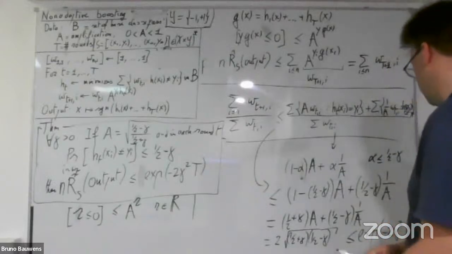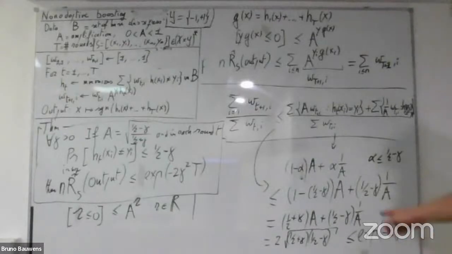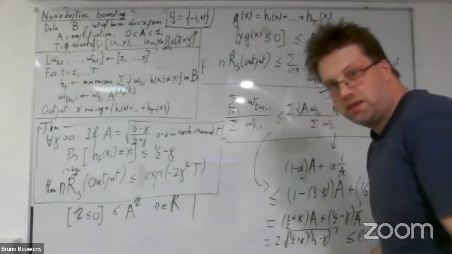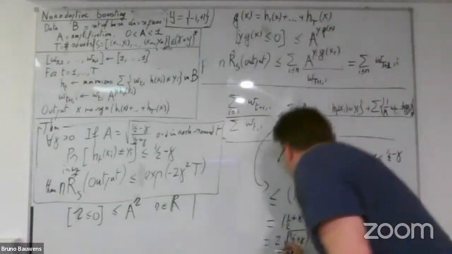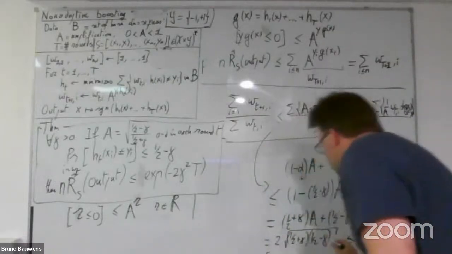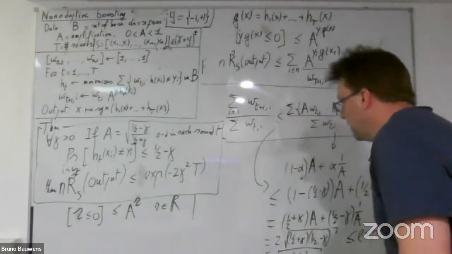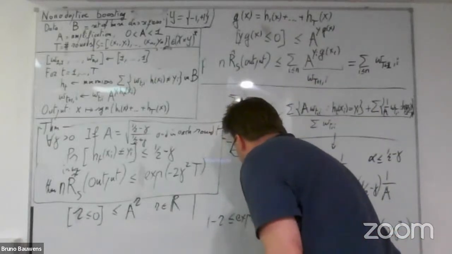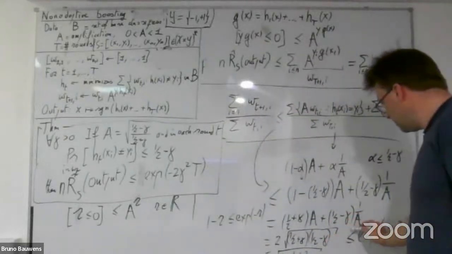It's not so difficult, because here we have this special product. Is it still visible? So this becomes the square root of 1 minus 4 gamma squared. And then we again use that 1 minus r is smaller than exponent minus r.